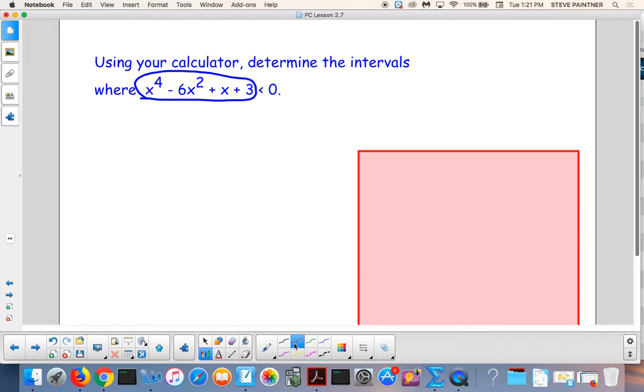I put the y at 0, but it says less than 0. So I'll give you the interval, right? What x value will give you negative 1?